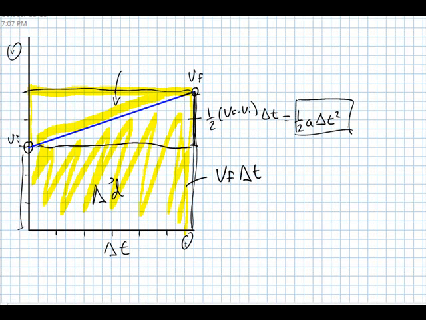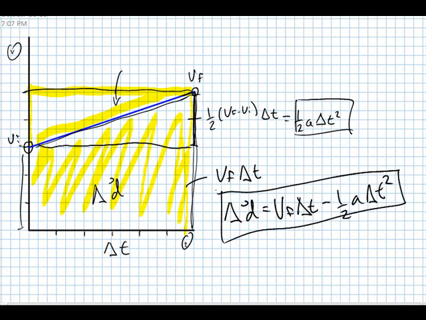But now we're going to subtract it to leave us with this, rather than adding it as we did previously. So in this case, our delta d is equal to our final velocity times time minus 1/2 a delta t squared. So now we have three of our equations.